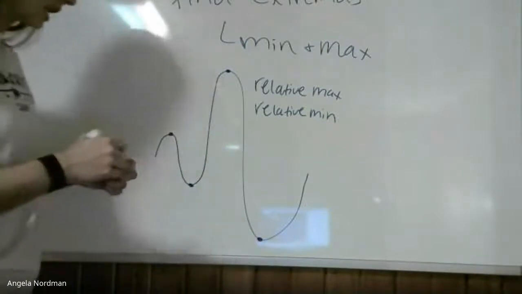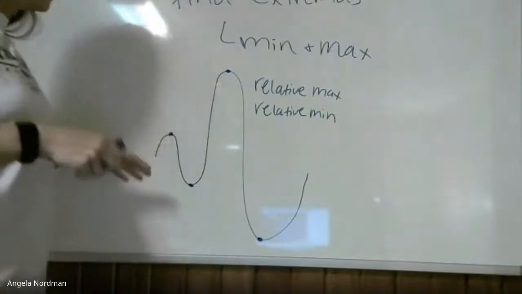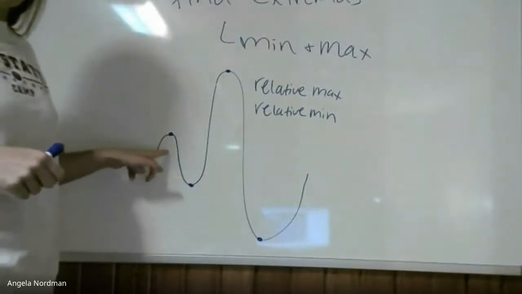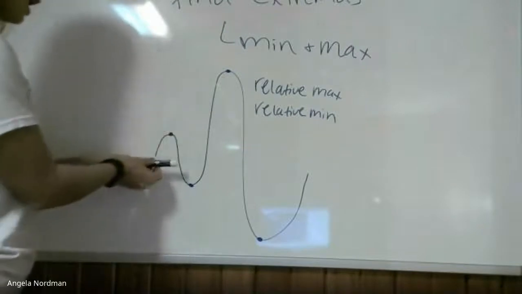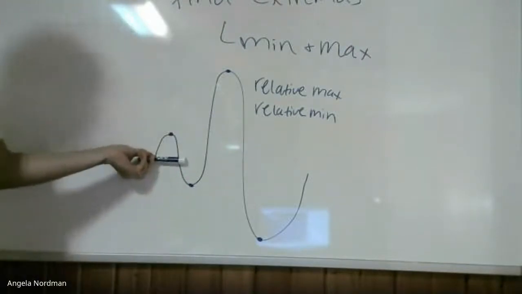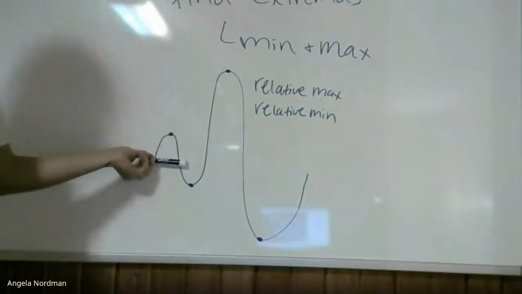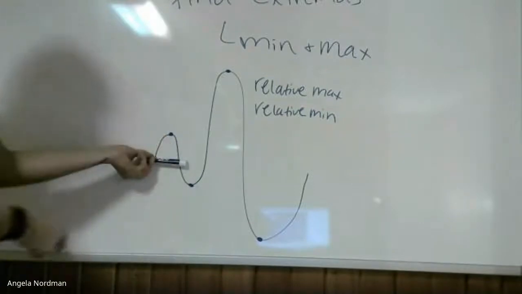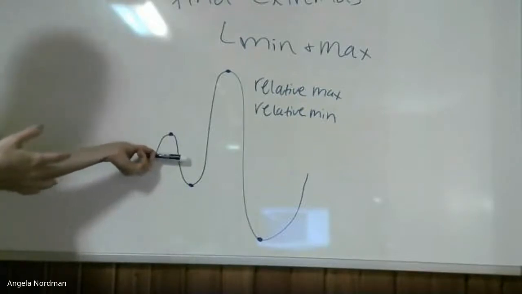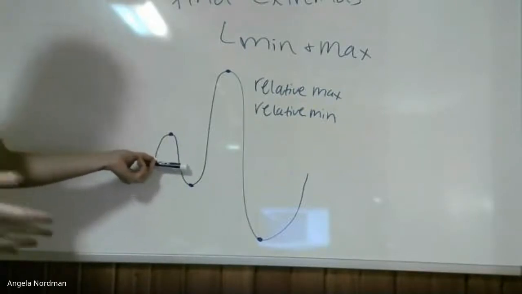So basically what we're saying is that it may not be the highest point of my entire graph, okay? But looking from here to here, relative to the points around it, this is the maximum point. Not the maximum of the entire graph, but the maximum of the points that are relatively around it.